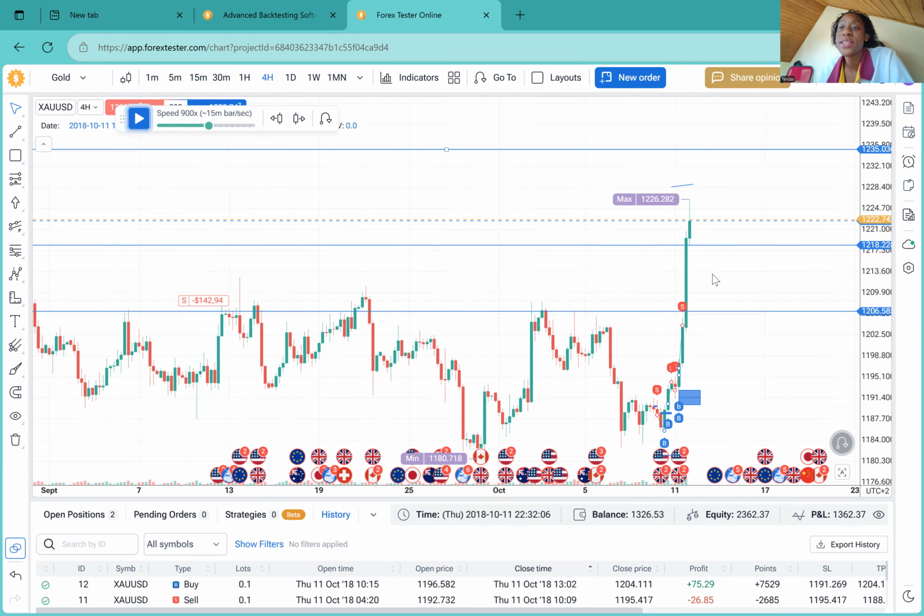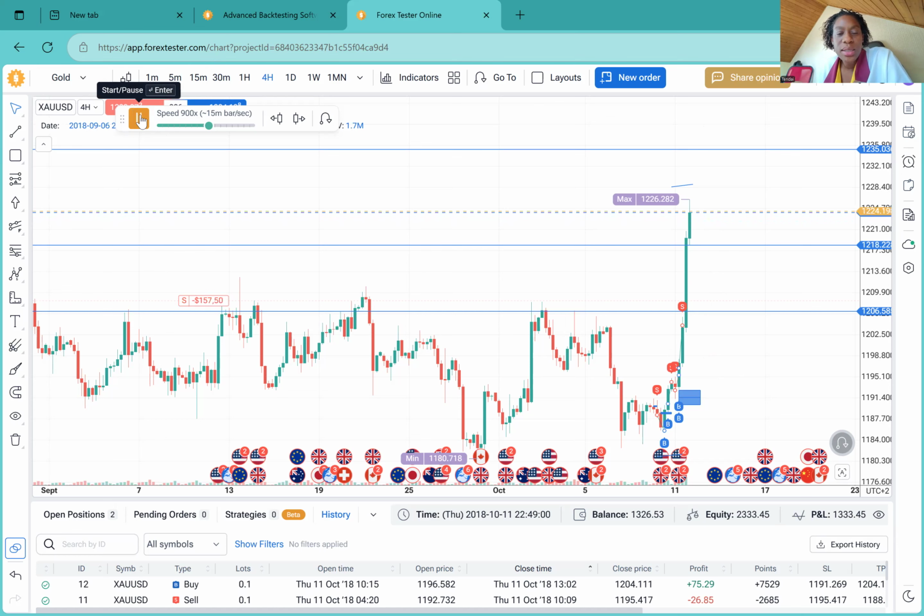That's the first thing price does. They will not go up and leave without coming down and taking money from the sellers right here. So let's play and see what happened next.